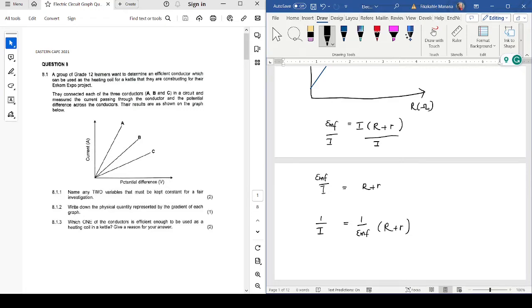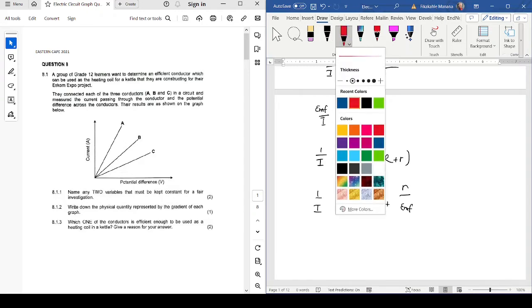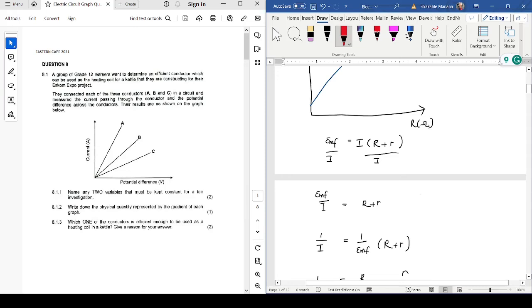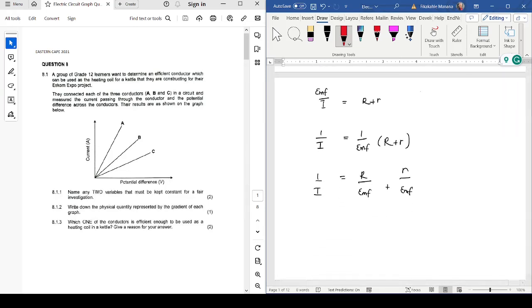Okay, and if you want to multiply it in just to remove the brackets, so you'll have external resistance over EMF plus internal resistance over EMF. All right, getting back to y is equal to mx plus c. Let me simplify it.